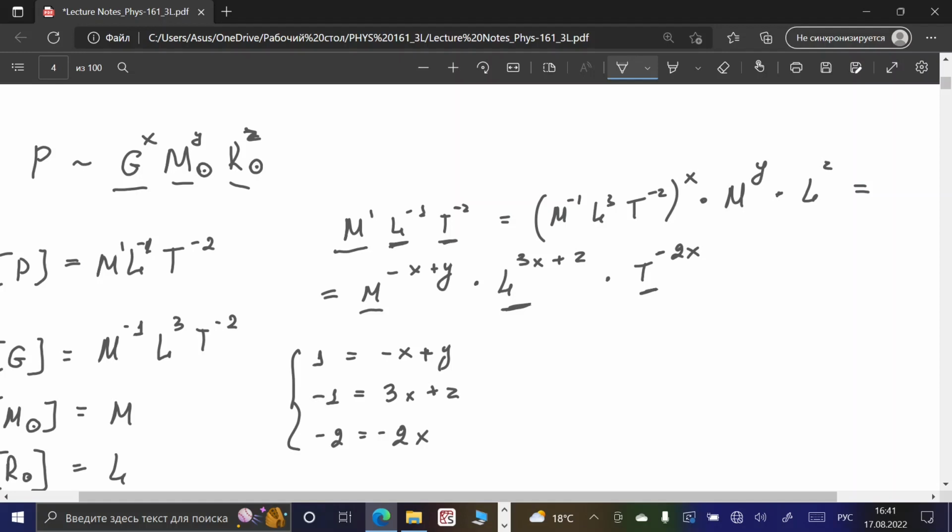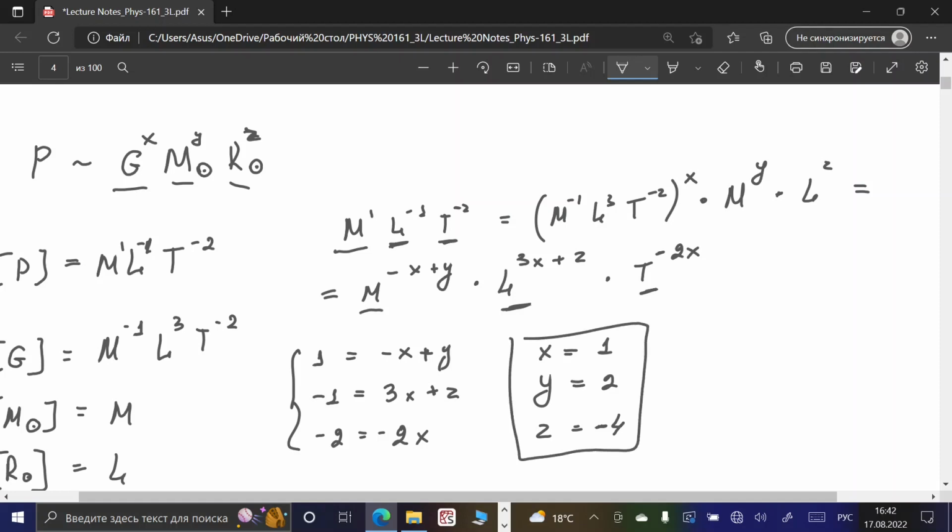So when we solve this system of three equations, we have x equal to unity, then y is equal to 2, and z is equal to -4. So now we have the solution of our dimensional analysis equation.